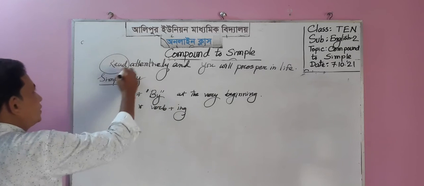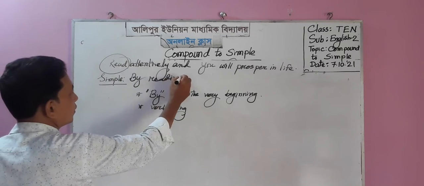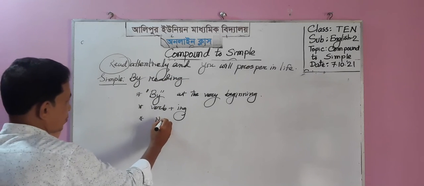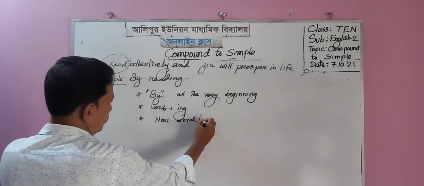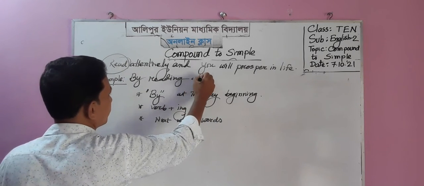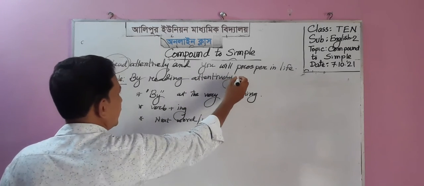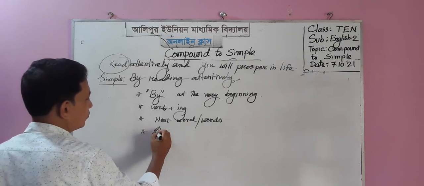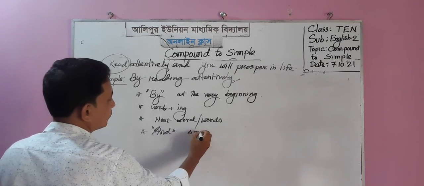The verb is read, so we have to write ing: reading. Reading, verb plus ing. And the next word is attentively. Attentively. And then we may write a comma, and "and" is omitted.